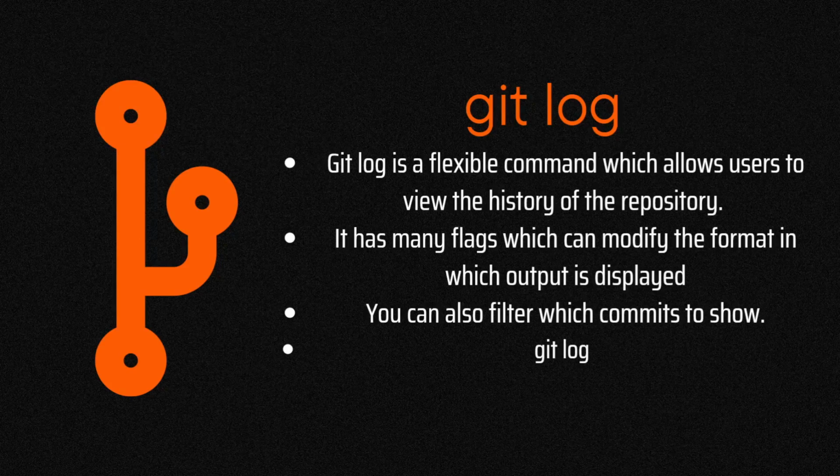We can check the files changed. We can check the stats of the commit, how many lines of code were actually added or removed. So git log is pretty important when you want to have an overview of the history of the repository, basically.